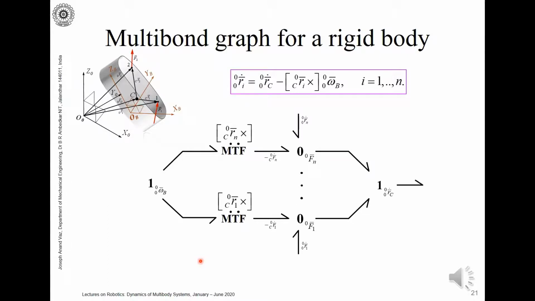For this, we'll bring in the inertia of the rigid body. So the translational inertia, which is the mass of the rigid body, we assign it at the center of mass. So it moves with the velocity of the center of mass. So we assign an I element here representing the mass mb.